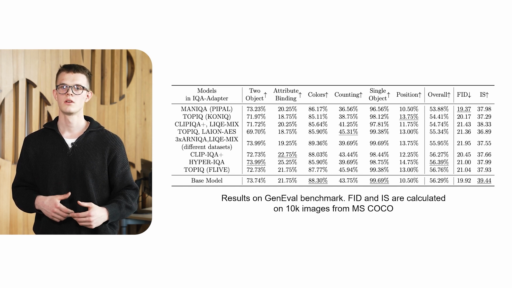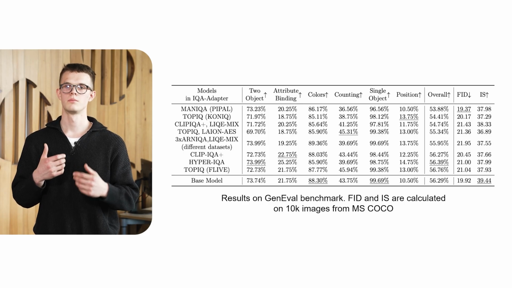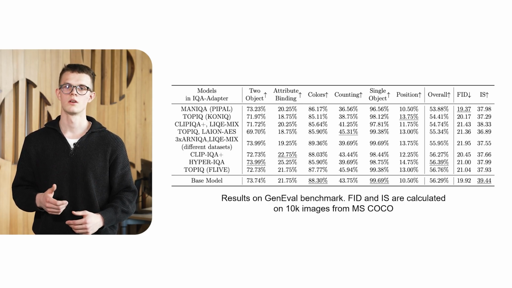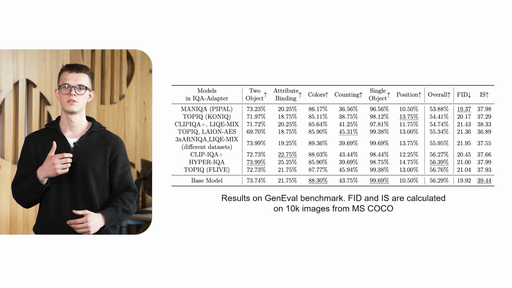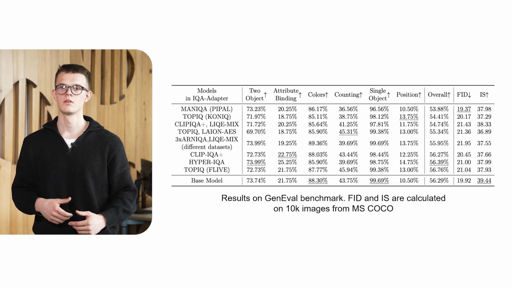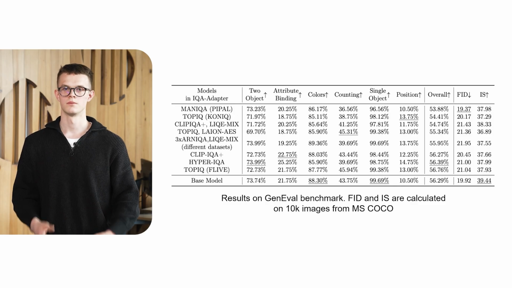An IQA adapter with HyperIQA even improves some aspects: attribute binding and position, e.g. object placement. We also measured FID and diversity score on 10,000 captions from MS COCO. FID improved on 6 out of 10, indicating better alignment with the real image distribution.